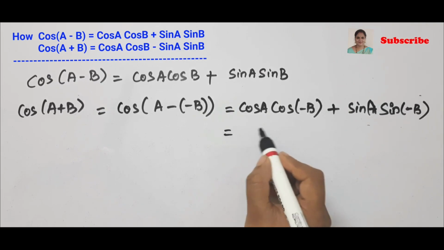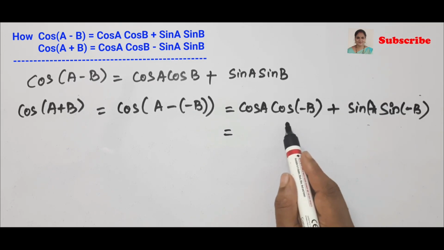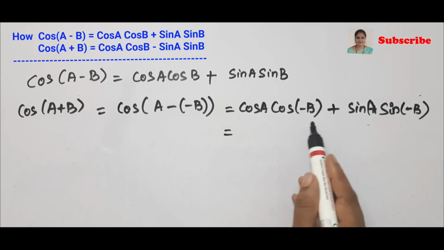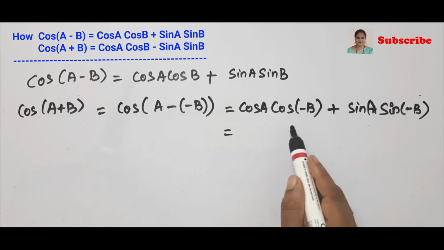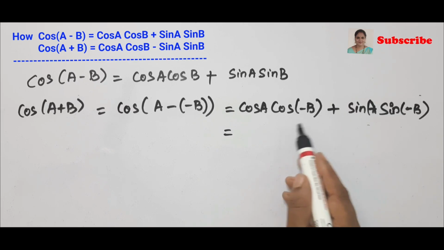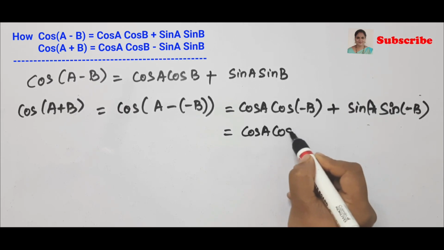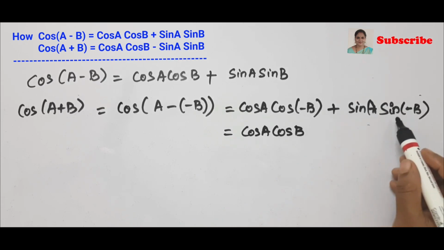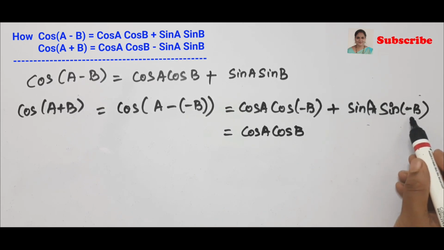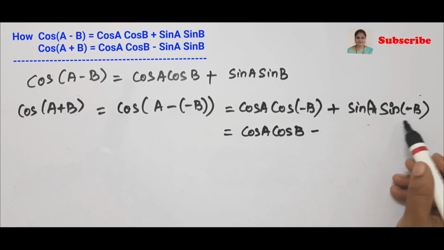So cos of minus B is nothing but cos B only. We have learnt in the video on trigonometric ratios of allied angles that cos of minus B is cos B. So this is cos A cos B. Now sin of minus B is minus sin B, which we learnt in the previous video.